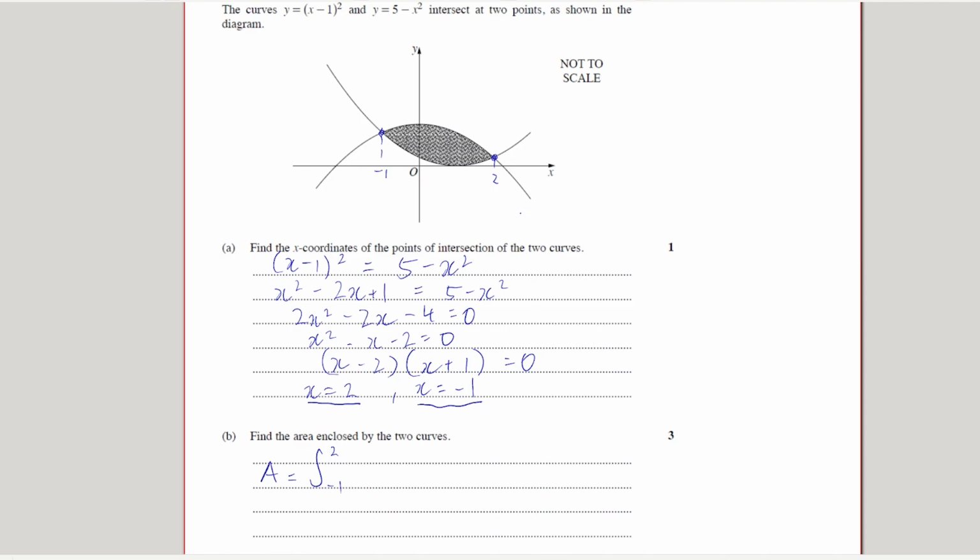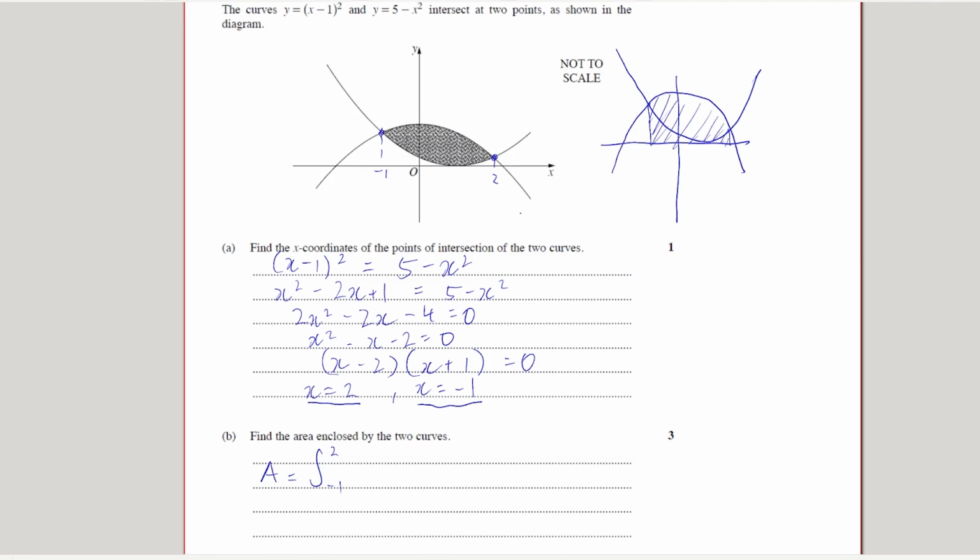Let me quickly explain why this works. If I were to draw it out again, this is the top curve and this is the bottom curve. I just zoomed in, pretend I zoomed in a lot for you guys. If you take the top curve from negative 1 to 2, you're taking this area.